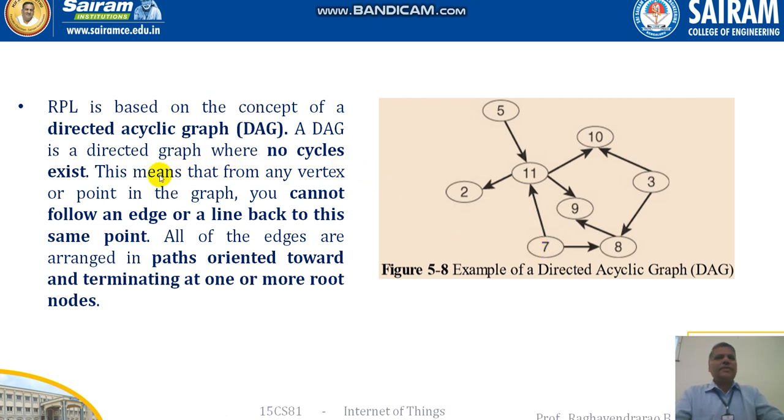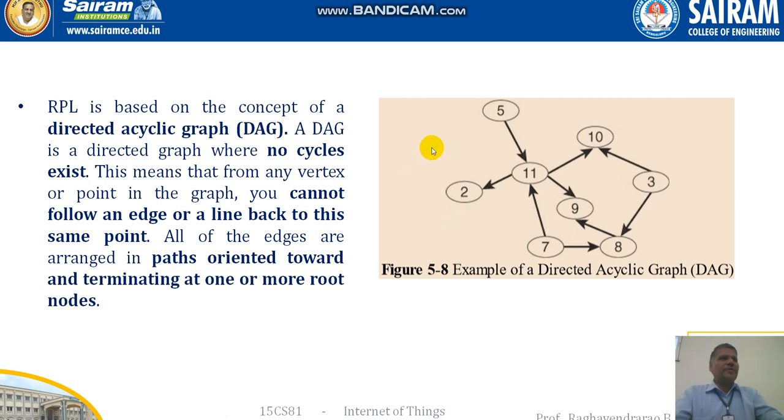A DAG is a directed graph where no cycles exist. You can see here there is no cycle. It seems there may be a cycle, but there is none. When it goes from 7 to 11, 11 to 9, there is no connection between 11 and 8. Similarly, when it goes from 7 to 11, 11 to 10, you don't have 10 to 3. That connection does not exist, but 3 to 10 exists.